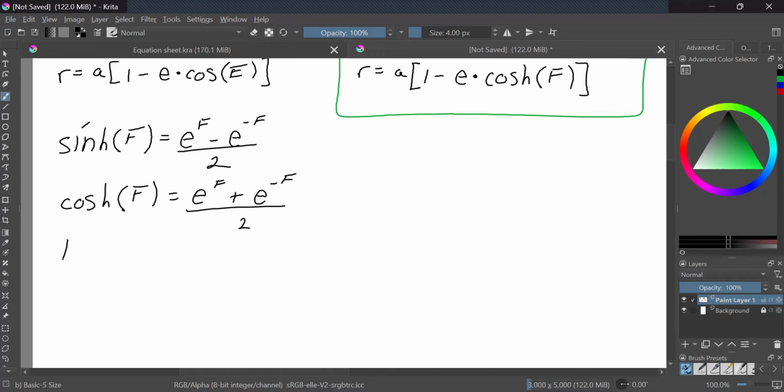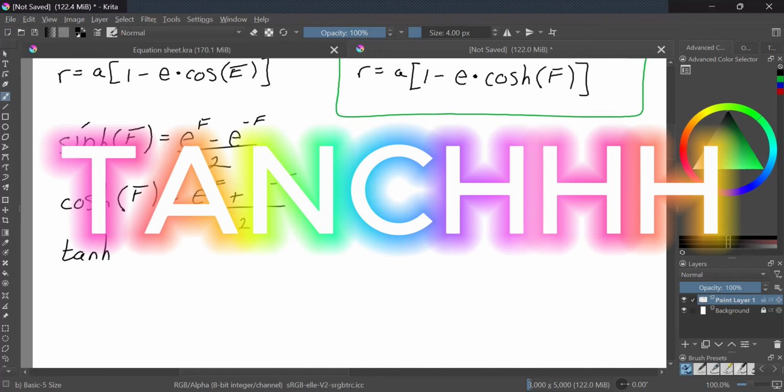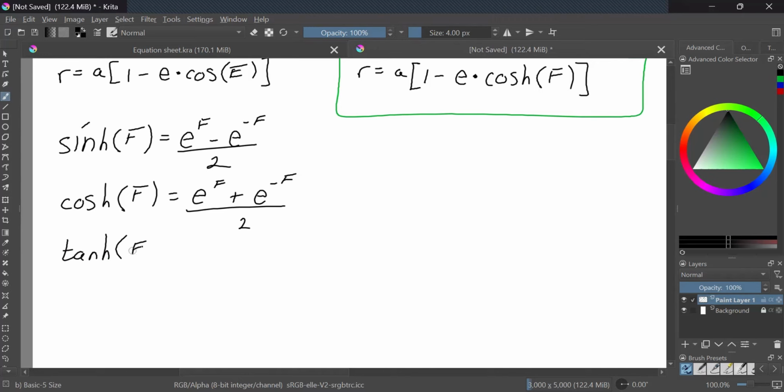The hyperbolic tangent, or tanh, I guess, we're not really going to use that. I don't think it has any applications in this topic.